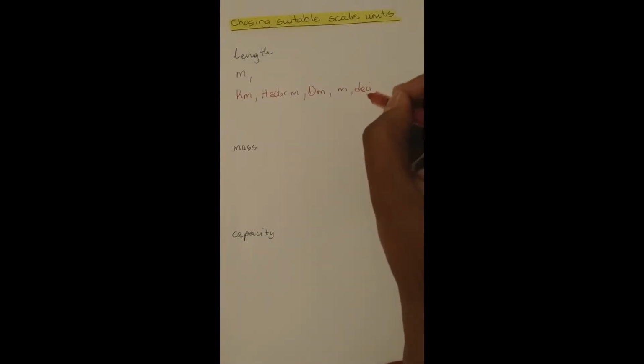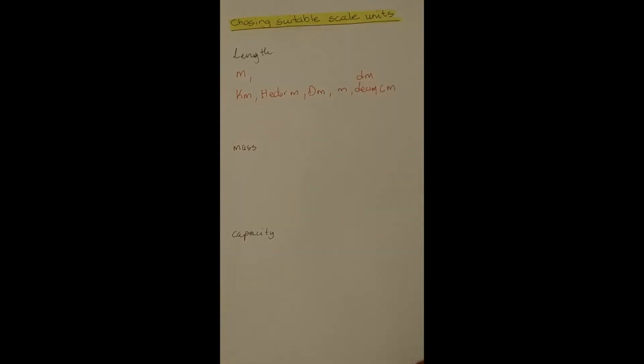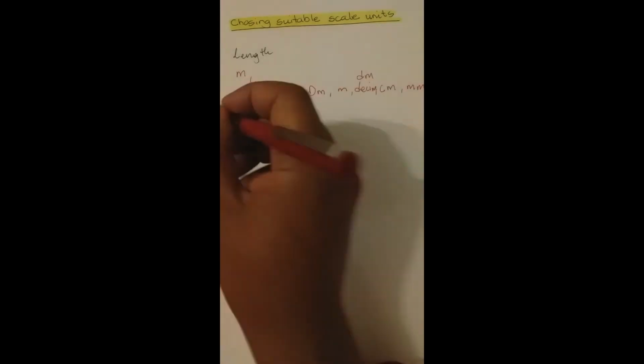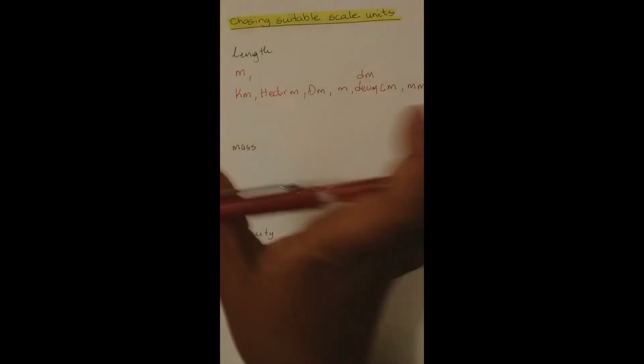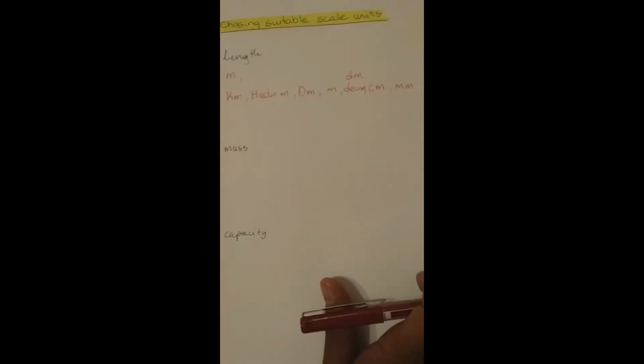And then we've got our decimeters, then centimeters, and then millimeters. We also have other units going down and going up as well, but for now I'm just going to concentrate on those units.